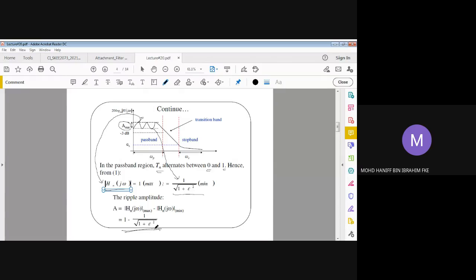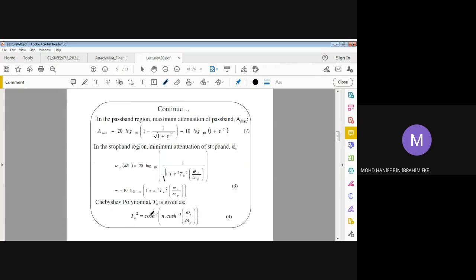The amplitude for the ripple is given by 1 minus 1 over the square root of 1 plus epsilon squared. In terms of dB, it can be written as 20 log of 1 minus 1 over the square root of 1 plus epsilon squared.